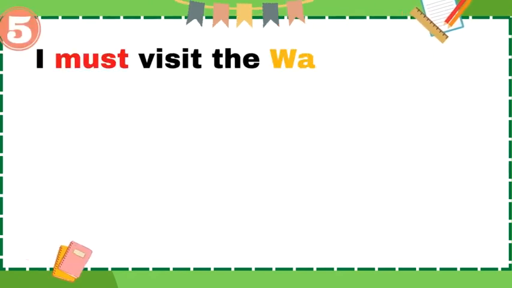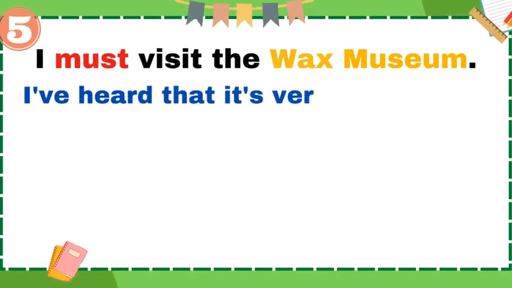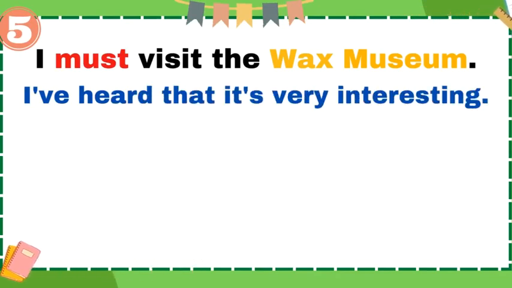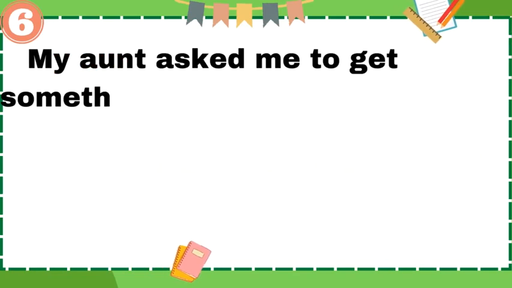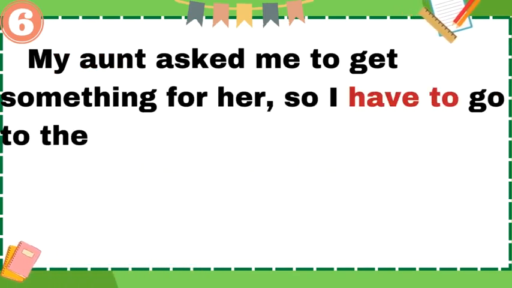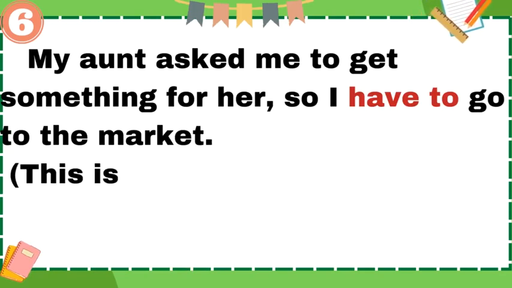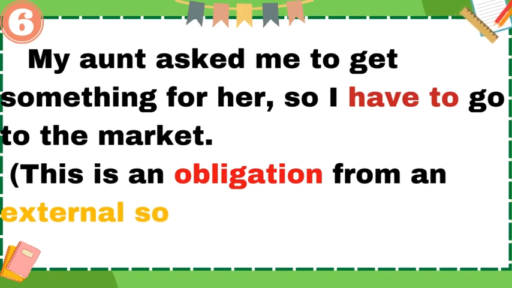5. I must visit the wax museum. I have heard that it's very interesting. This is something I want to do. 6. My aunt asked me to get something for her, so I have to go to the market. In this example, this is an obligation from an external source.